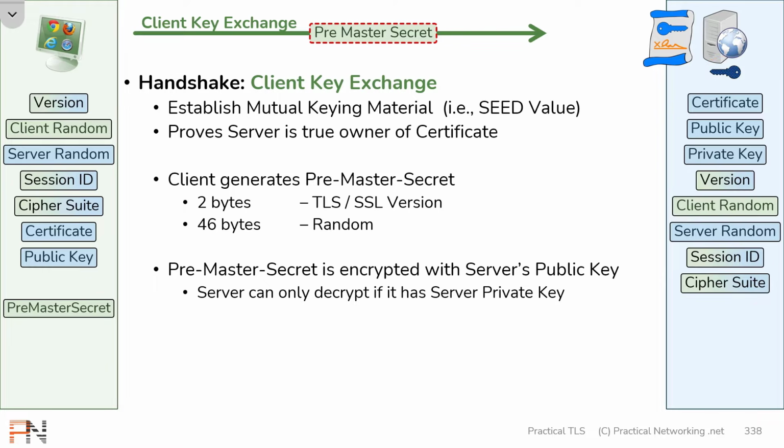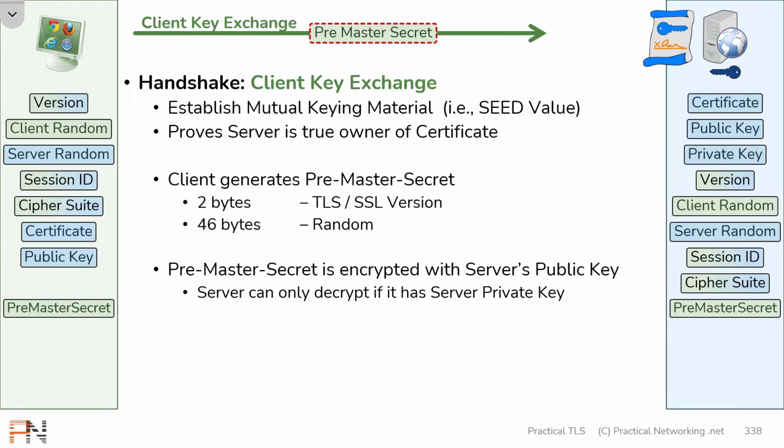Which means the server is able to take this and extract the original pre-master secret. Now, both parties have the identical pre-master secret. This pre-master secret will be the seed value from which all additional session keys for this session will be calculated.